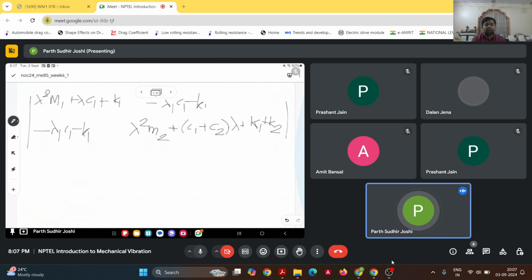So this is basically the overall matrix, and then this is the determinant, and then we can expand this determinant further and equate it to 0 to get the characteristic equation.